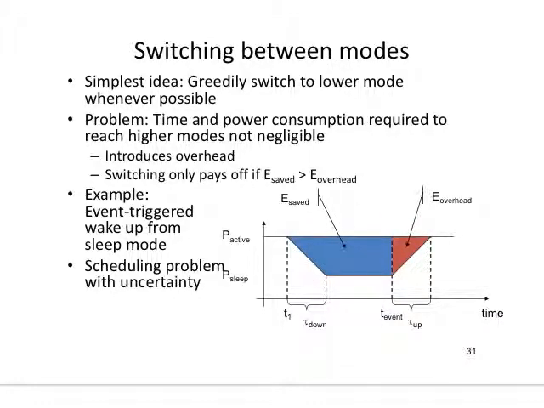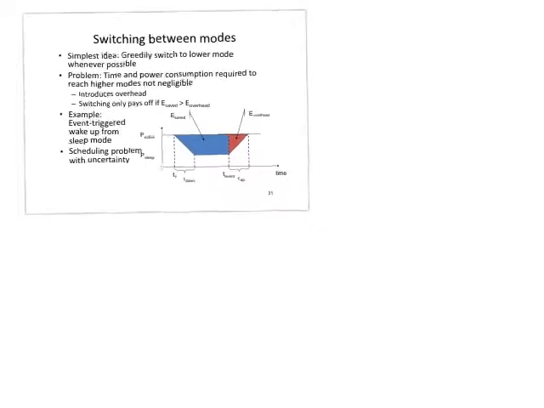So basically, we can calculate it easily. What is the area? The area is half tau down times (P active minus P sleep).